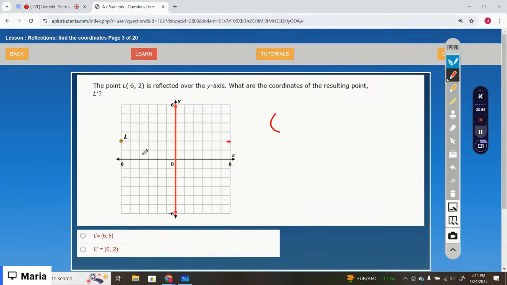Because that is reflected over the y-axis, the sign of the x coordinate is changed, so that is 6 and 2. Option number 2 is the correct option.